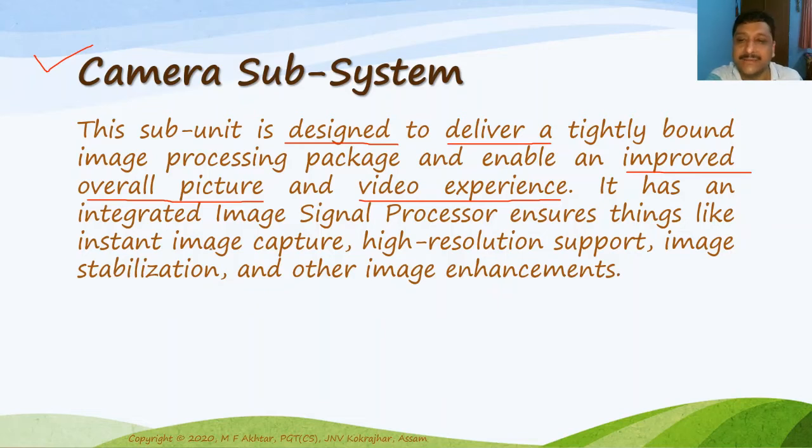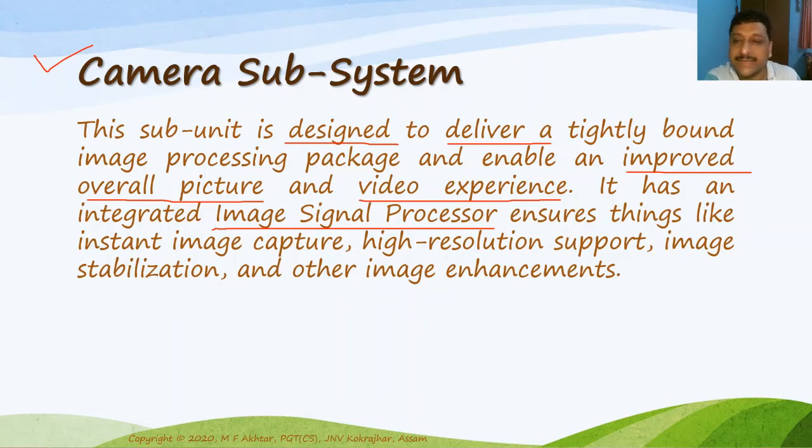It has an integrated image signal processor. It is a separate processor, called the image signal processor, integrated with the camera subsystem to give some processing capability so that it can take better pictures or better videos.